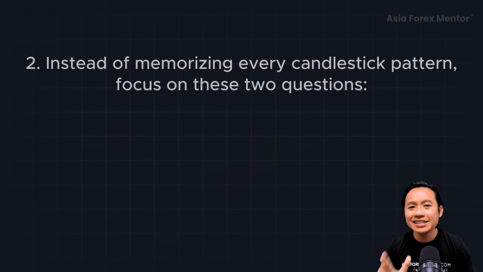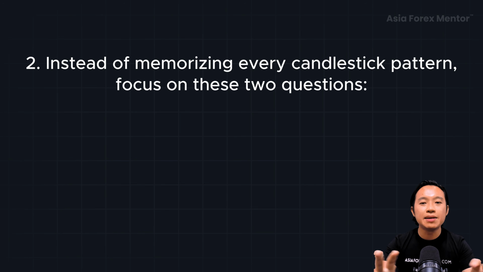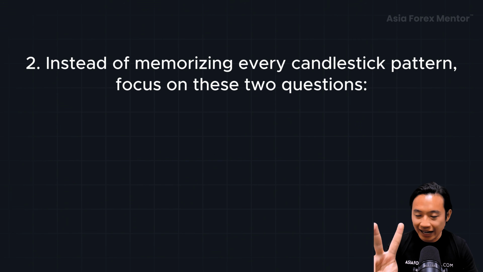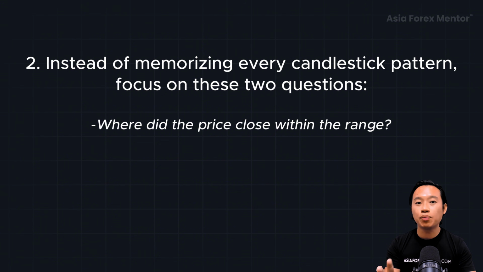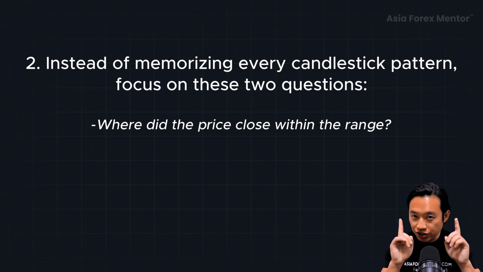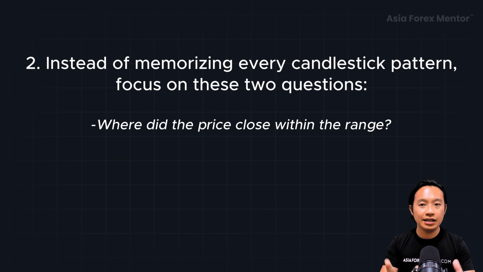Number two, instead of trying to memorize every single candlestick pattern, this is where you can simplify the approach by asking yourself these two questions. Number one, where did the price close relative to the range? This will allow you to determine who is in control. But it doesn't provide you with the complete picture yet, because you still need to assess the conviction behind the move itself.